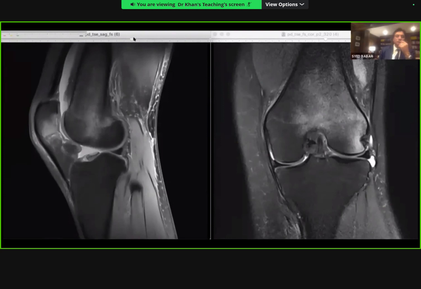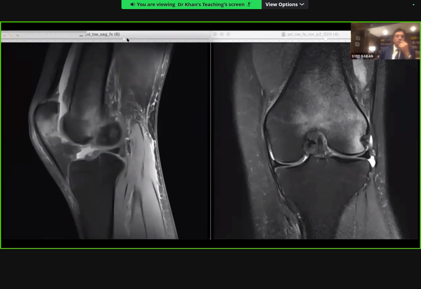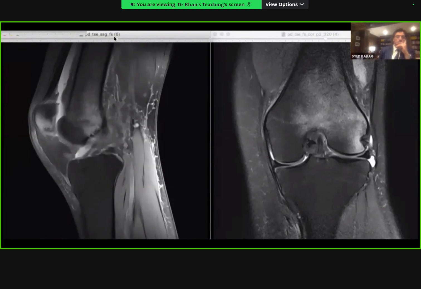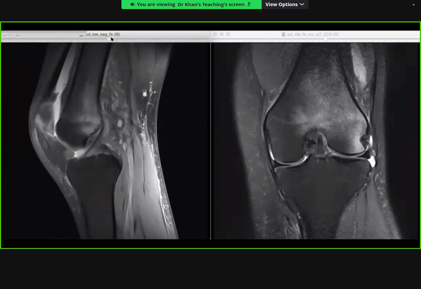Just going through the rest of the images. There is a joint effusion, and I'm trying to see the ACL. The ACL is intact, but there is significant marrow edema and soft tissue edema around the entire knee joint. There's also bony contusion on the posterior aspect of the femoral condyle.